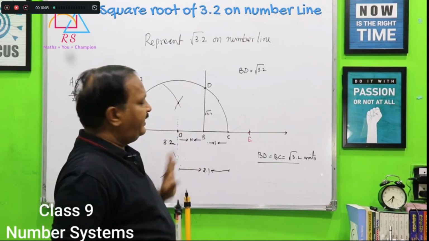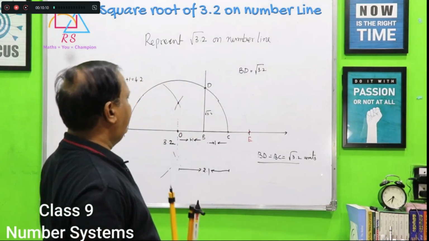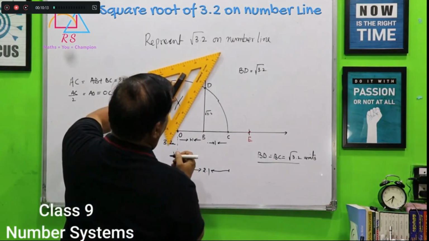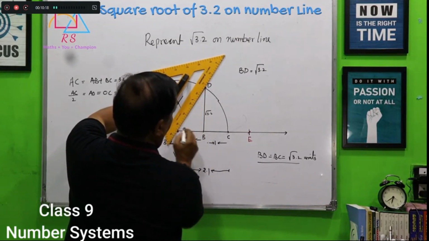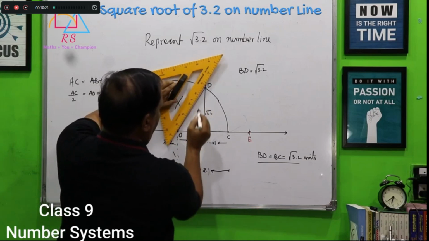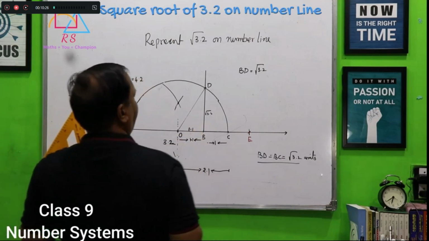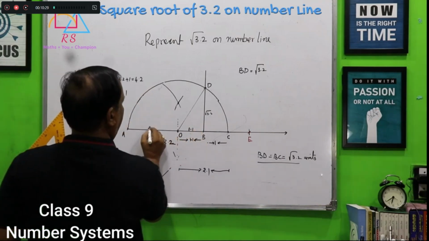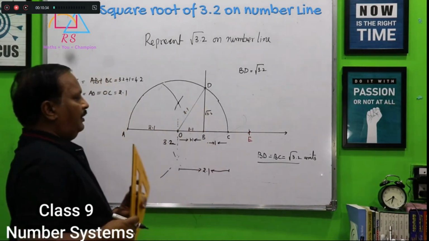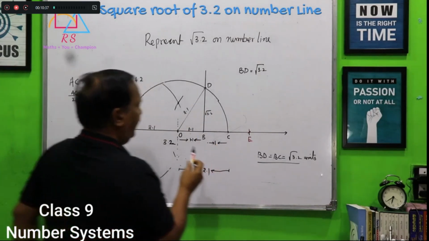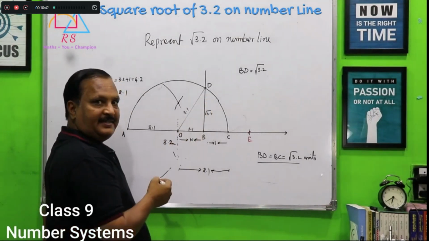Now how is BD root 3.2? For that, a small construction is needed. Look, now I joined OD. OD is nothing but the radius.